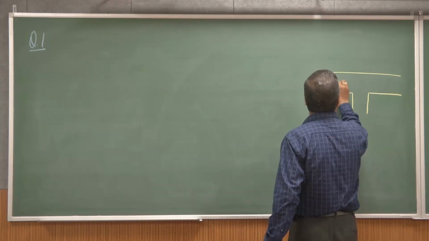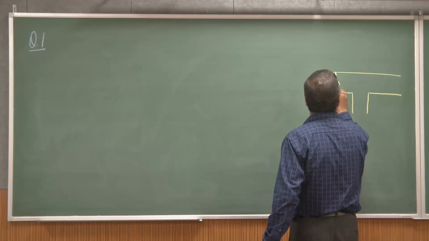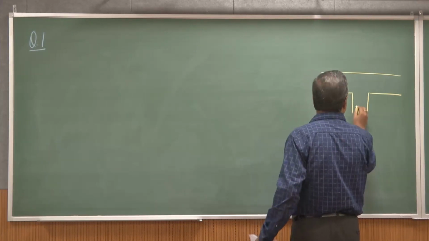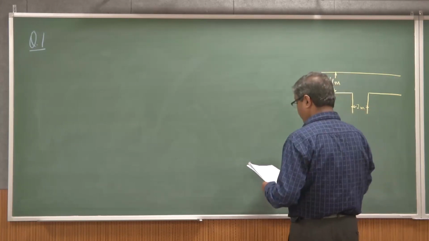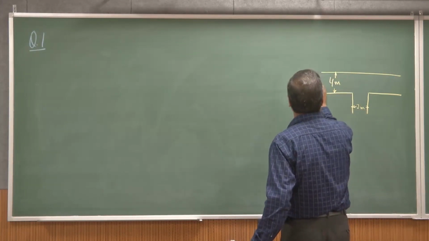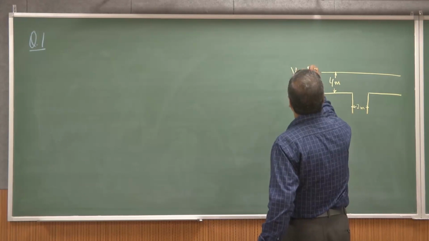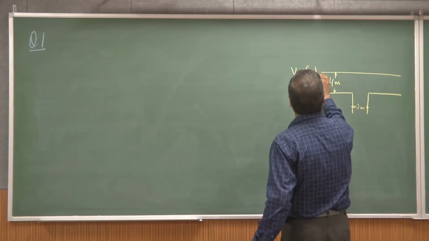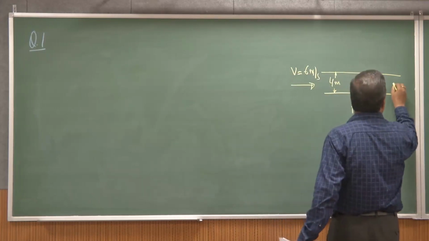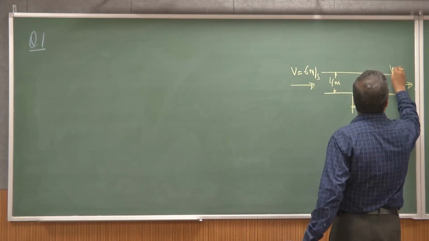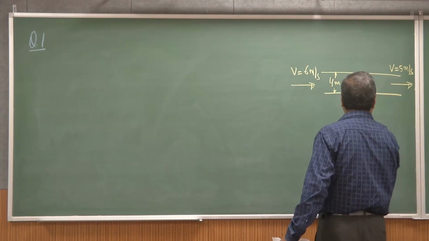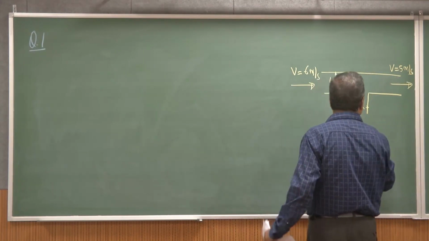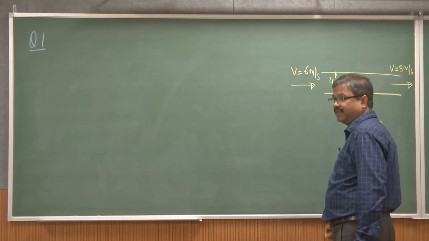This is 4 meters, and this dimension is 2 meters, and we have the velocity here, v equal to 6 meters per second, and the velocity at this point v equal to 5 meters per second, and we need to compute the velocity at this point.